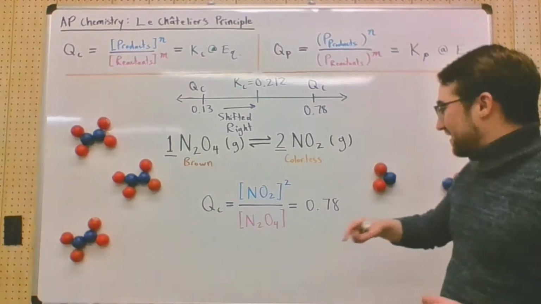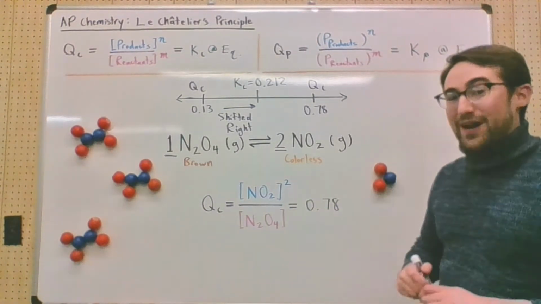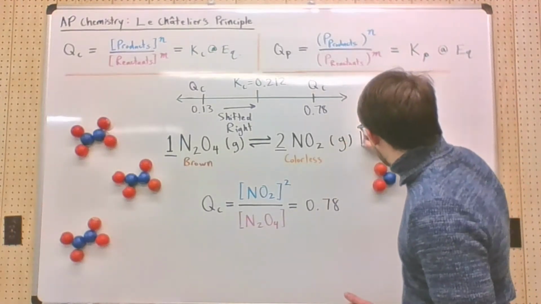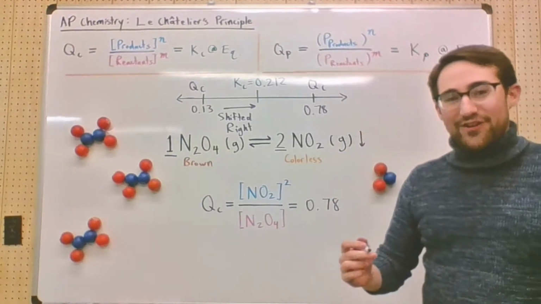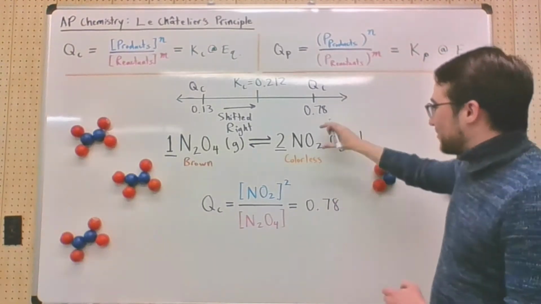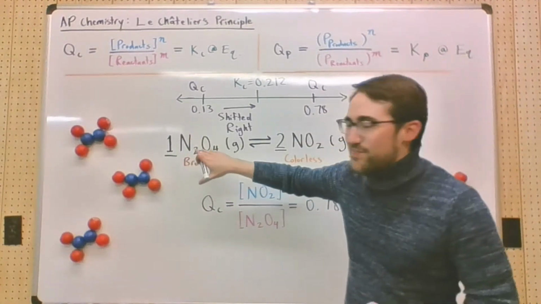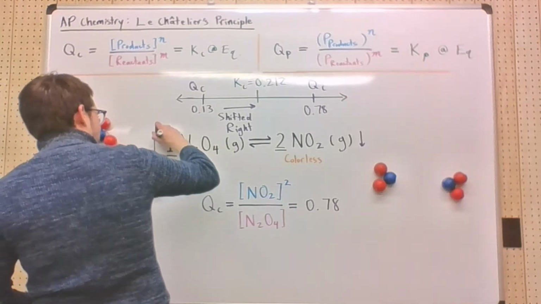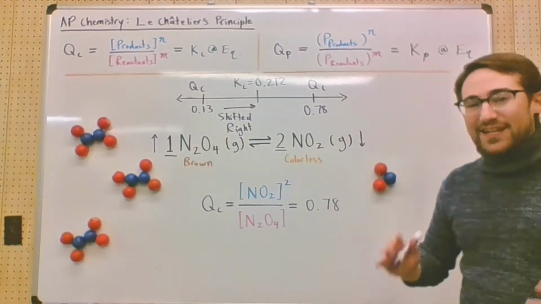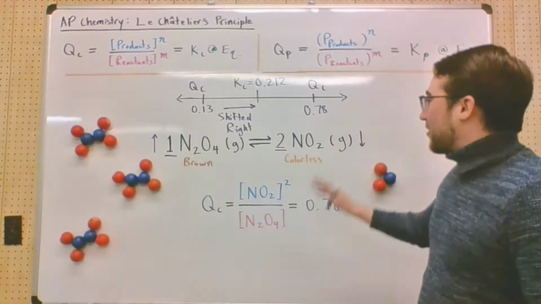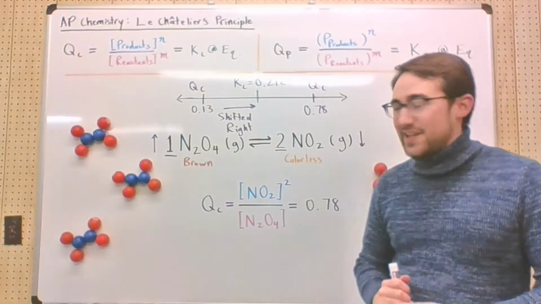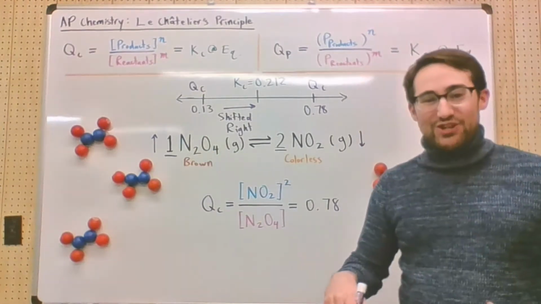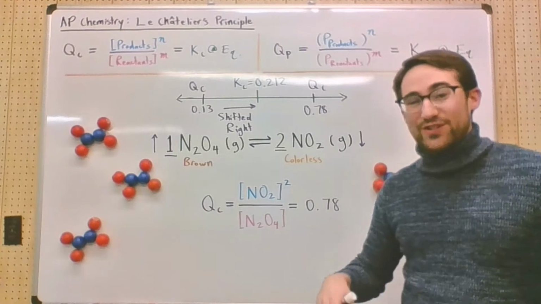So that means that this number up on top, my product, needs to get smaller. It needs to start decreasing. And I need to use some of this up to push this over and make some more of the reactants. That is indicative of the reverse reaction, going from the right to the left. So this would be shifting the reaction left or towards the reactants.